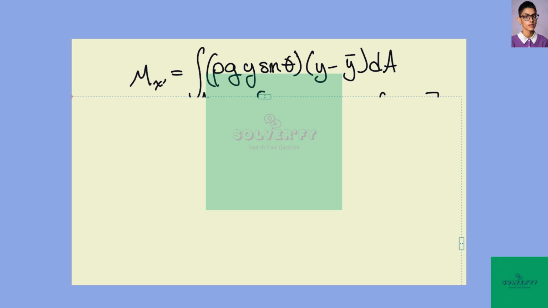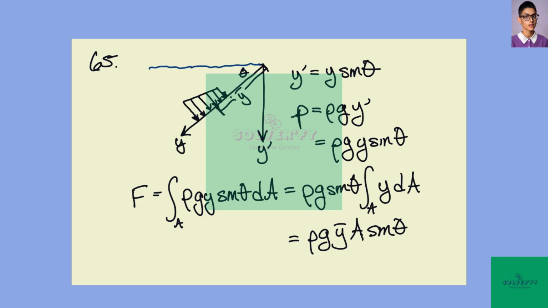Now they're asking about the moments. So what we need to do to find the moments is integrate the pressure times a given moment arm over the area. For the moment about the x-axis, which is out of the board, we have the centroid here, and we want the moment about the centroid, so we need the moment arms in this direction.